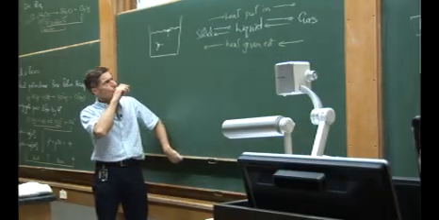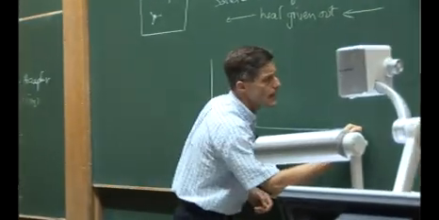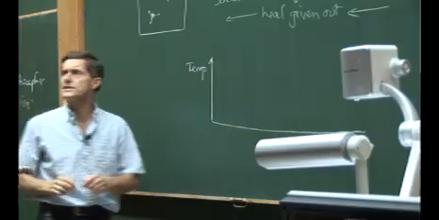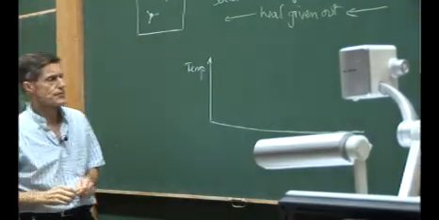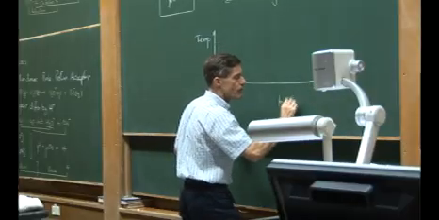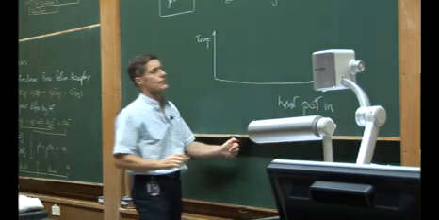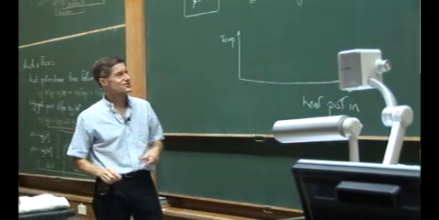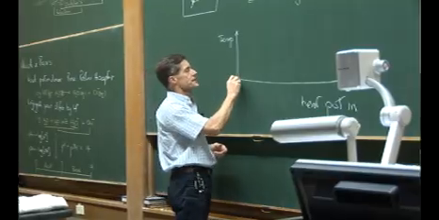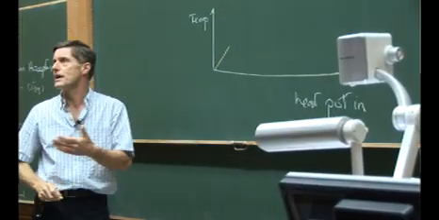And if I look at a graph of the temperature of a material versus, let's say, heat put in, then it will look something like this. If I start off with a solid and put heat in, the temperature rises.